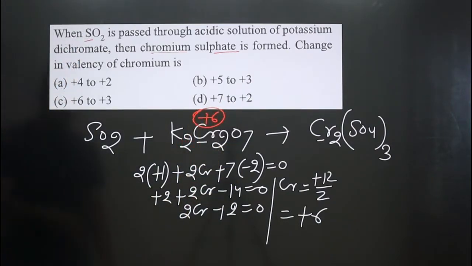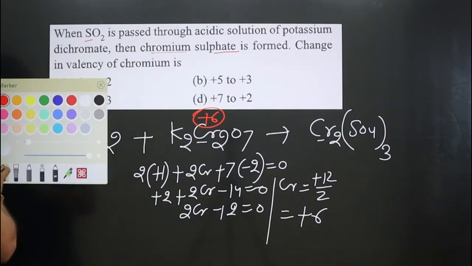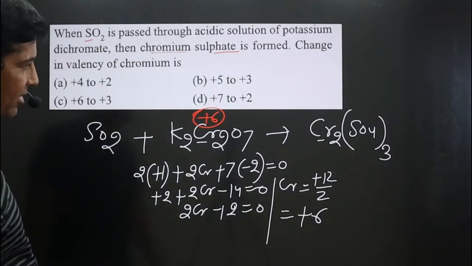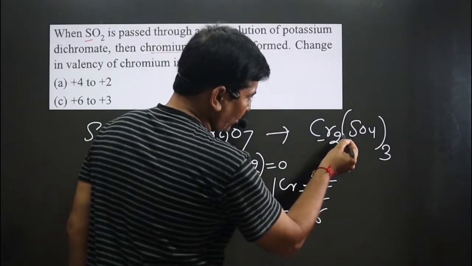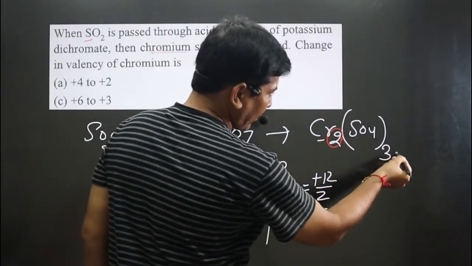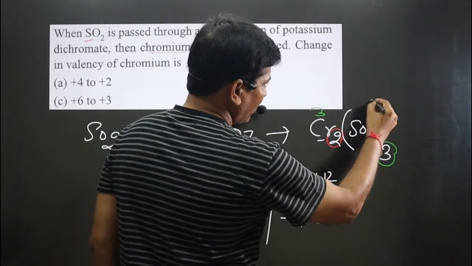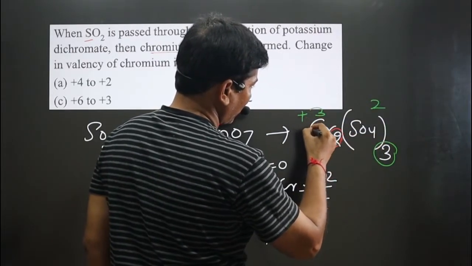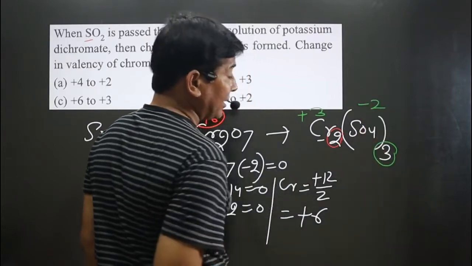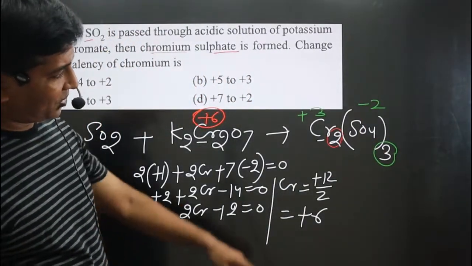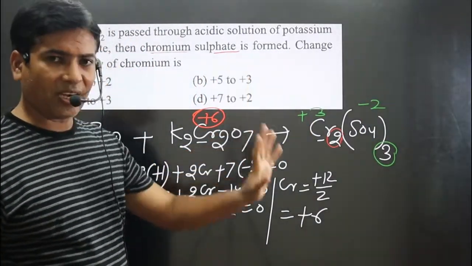Other side, now pay attention carefully. If you want to calculate directly, there are 2 chromium and 3 sulfate ions. You can crisscross: 3 goes to the left side, 2 goes to the right side. The first one is always positive and the second one is always negative. So chromium is present in +3 oxidation number.